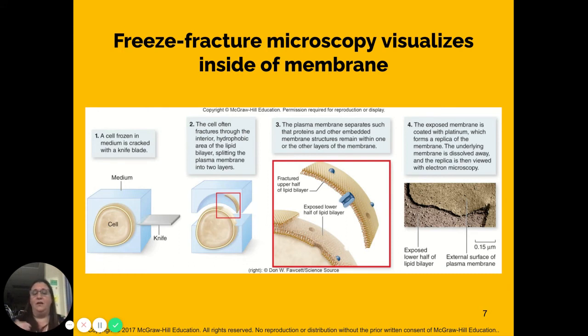So we can see, oh, this one would be a protein that might be peripheral, or this one would be a protein on the interior of the cell, or this one would be a transmembrane protein because it seems to go all the way through and there's a space in the other side, like here. They also have to coat the membrane with platinum, which makes it like a replica.